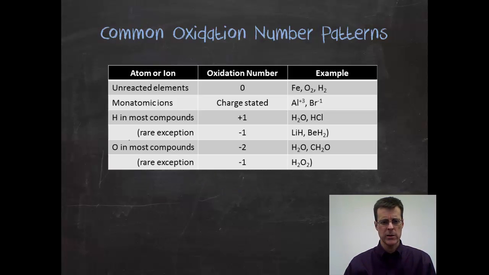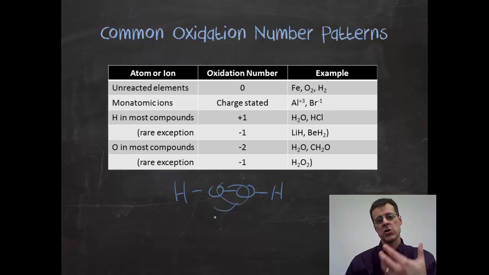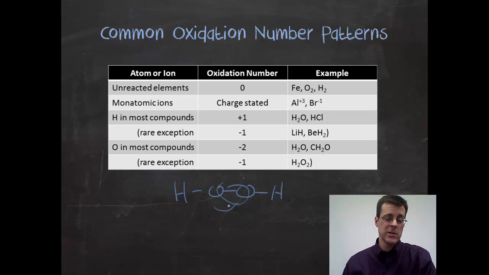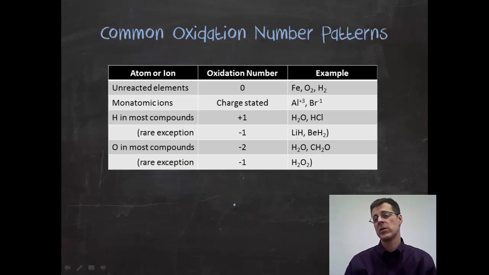And just to give you a quick little scribble out for hydrogen peroxide, a peroxide is this bond here. That shouldn't be a happy face, but that's kind of what it looks like, doesn't it? But because this is a shared bond between two things of equal electronegativity, that one doesn't really count. Again, we're not really going to run into peroxides. So if you left that last line off, no problem.